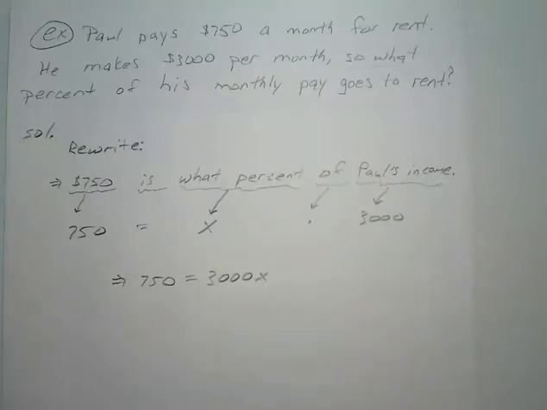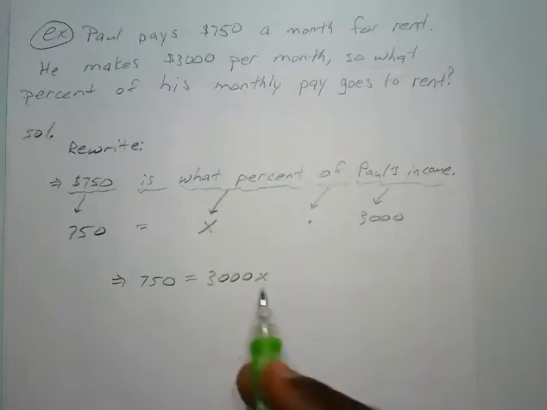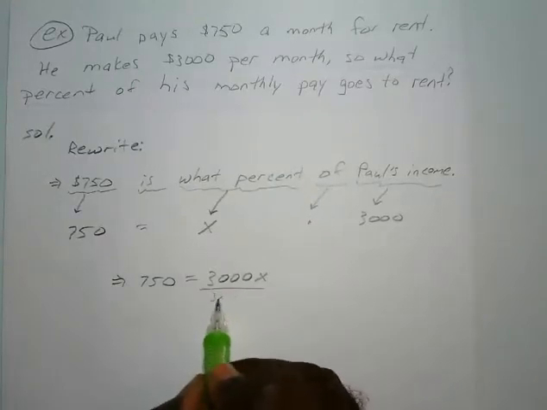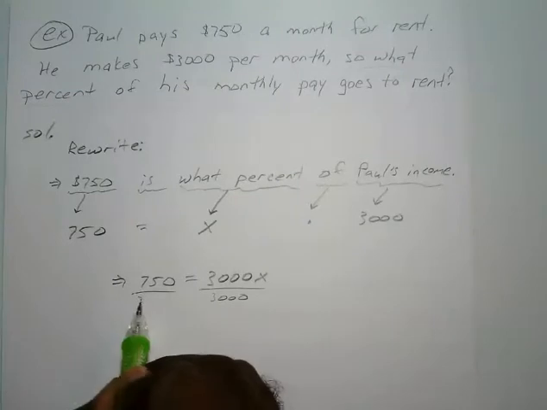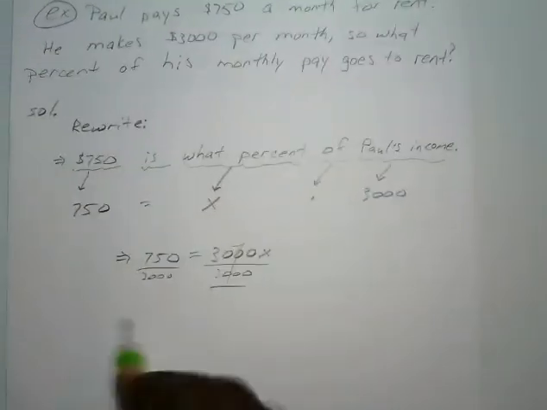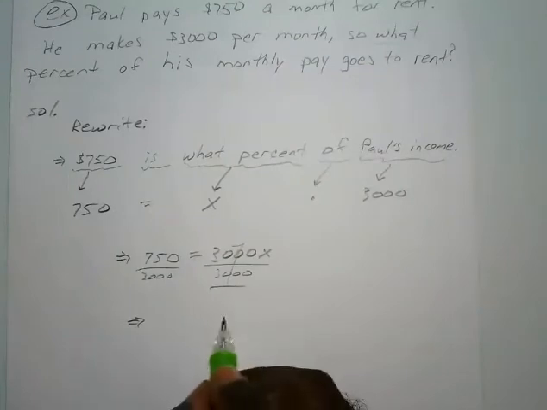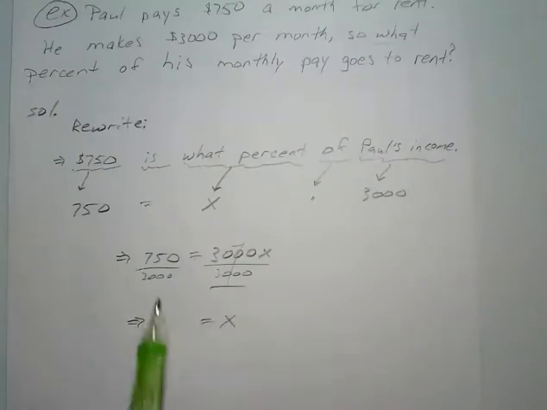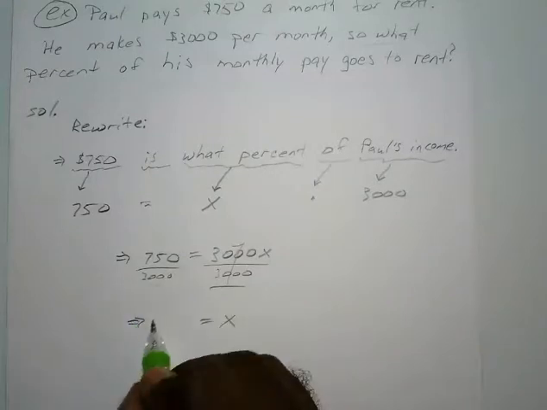All right, so now we just divide both sides by 3,000. Anything divided by itself is 1. So we have x equals 750 divided by 3,000, which is 0.25.